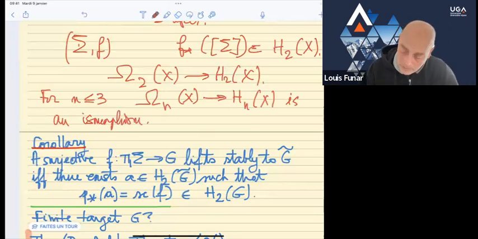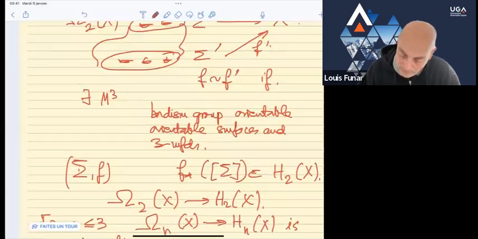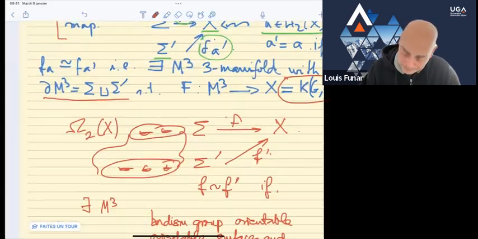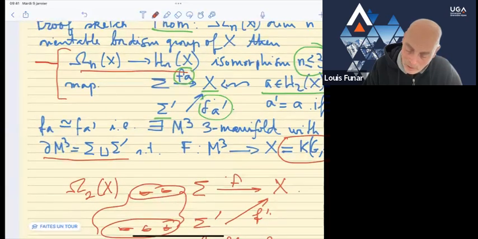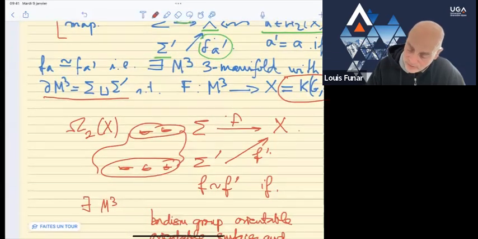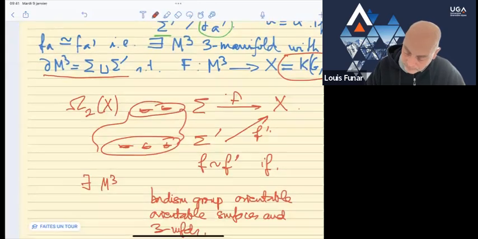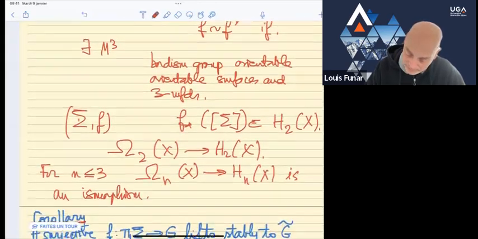So actually, what it is saying is that if you are looking at homology classes into X, for instance, I'm taking X to be the classifying space of G, then any class in H2 of G can be obtained from some surface which is sent by a map into X. It is represented this way.